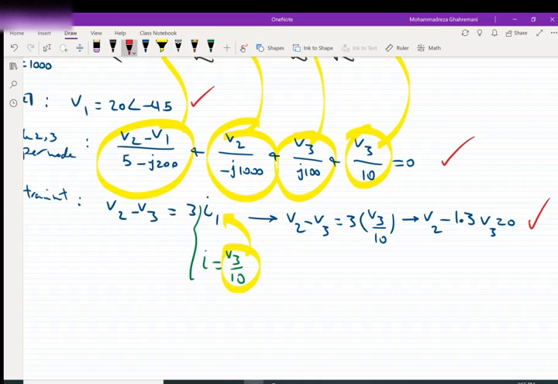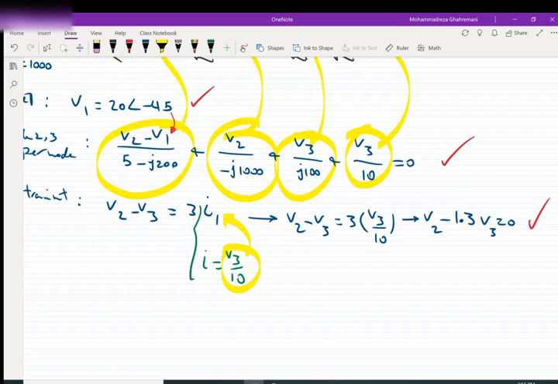Then, as usual, we can just substitute V1 in these equations to have two equations with two variables. If we substitute V1 in this equation, because we don't have V1 anywhere else, we will have two equations with two variables, or we can just leave it as is.